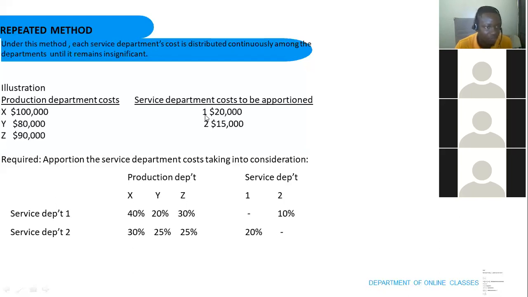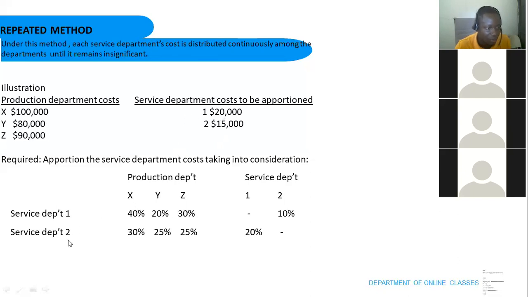For instance, for service department 1 we have 20,000, and from here, they said we should use these percentages: 40% for X, 20% for Y, 30% for Z, and 10% for service department 2. So you just use these percentages to share the cost that has been incurred by service department 1, which is 20,000.